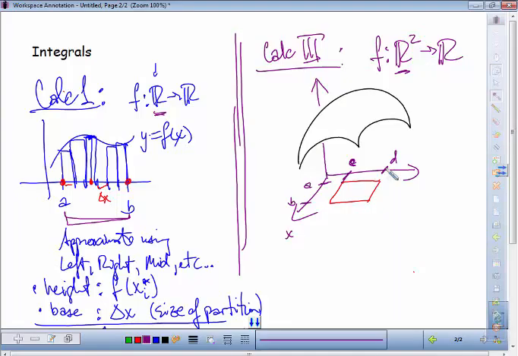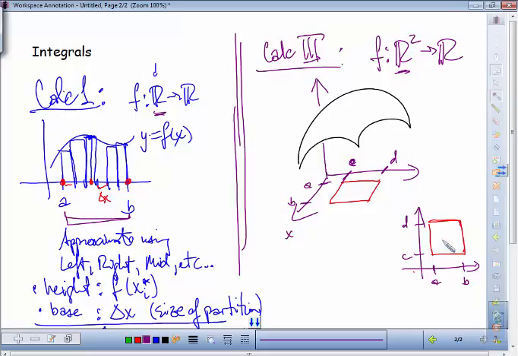So if I were to look at this straight down on the xy plane, what I'm really looking at is a rectangle, from A to B in the x and C to D in the y.